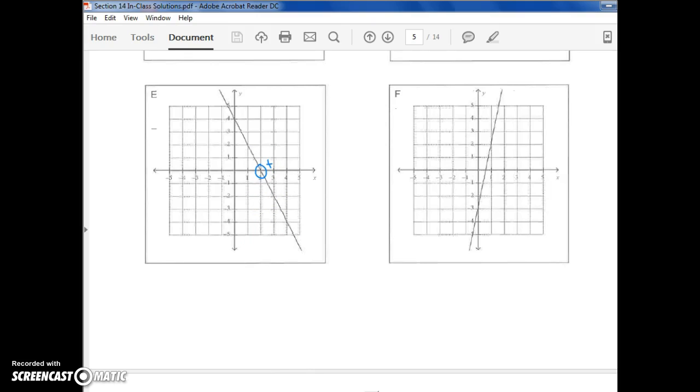And the graph is falling as we move left to right. We've got a negative slope, which means it's decreasing. And F, positive x-intercept, or positive 0. Our slope is positive as well, which indicates increasing.